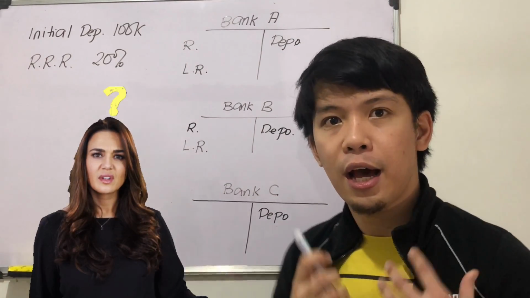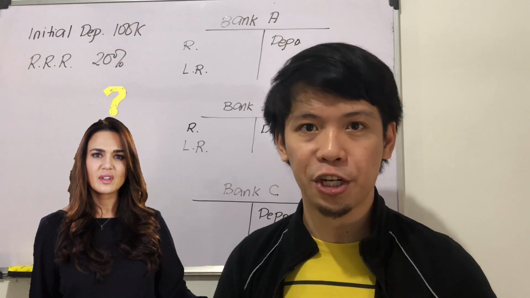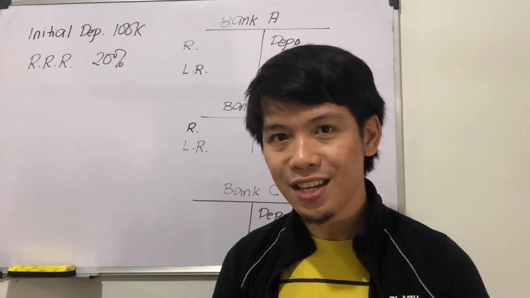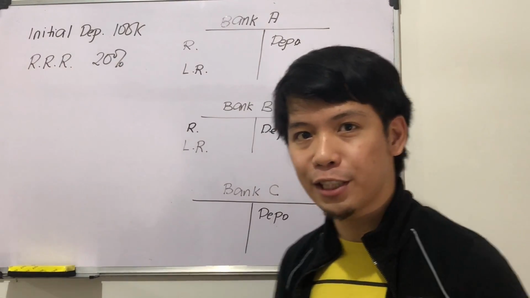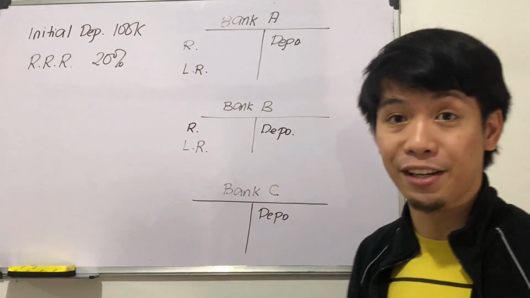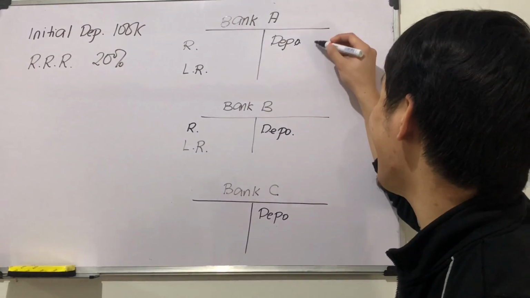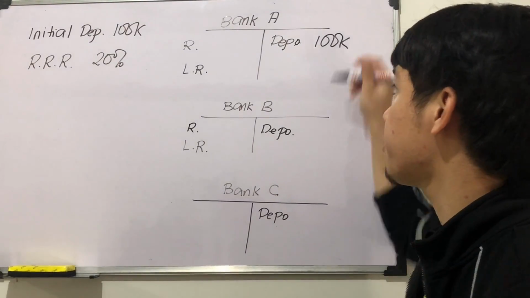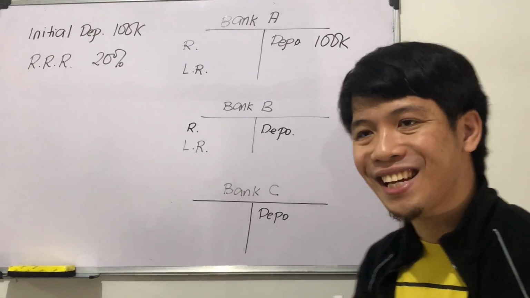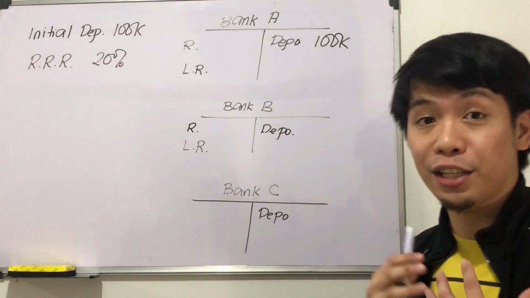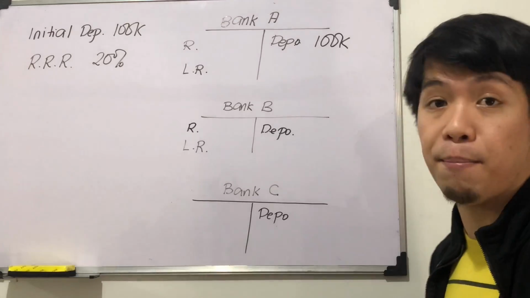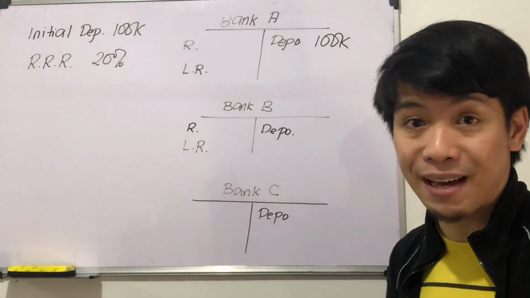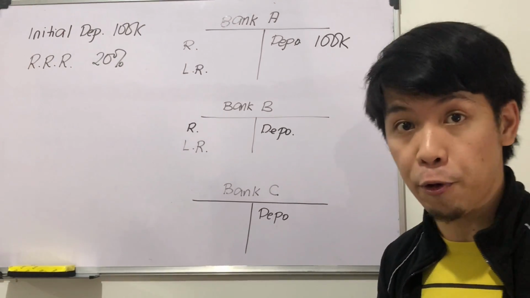How will the bank account for these transactions? Initially, there would be a debit to cash and a credit to deposits payable by the commercial bank. That would be 100,000. So if there's a credit of 100,000 on the deposit side, the left side of the balance sheet of the bank should also increase by the same amount, 100,000.